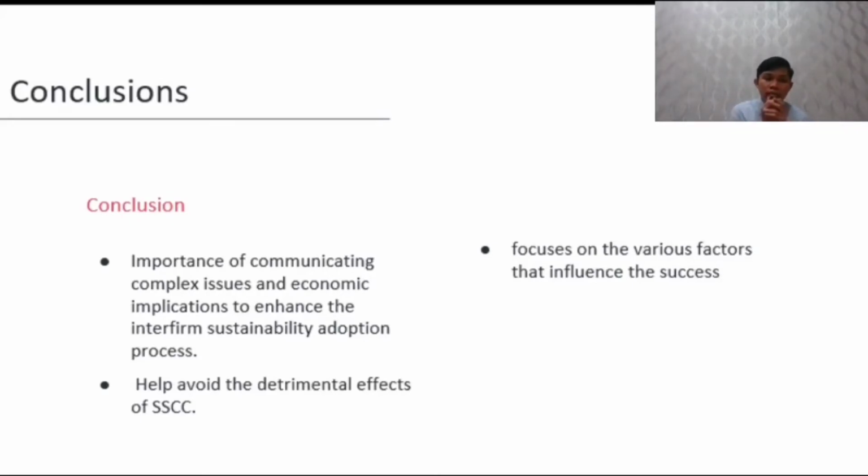They also focus on the various factors that influence the success of a sustainable business case and how they can be used to improve the case effectiveness.